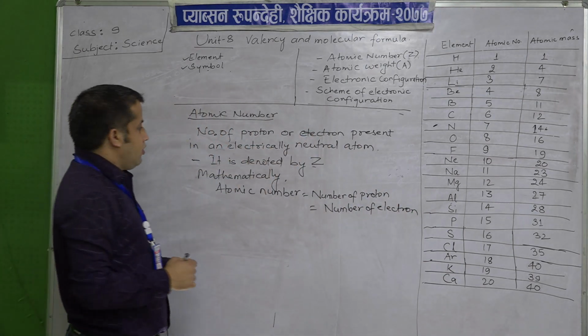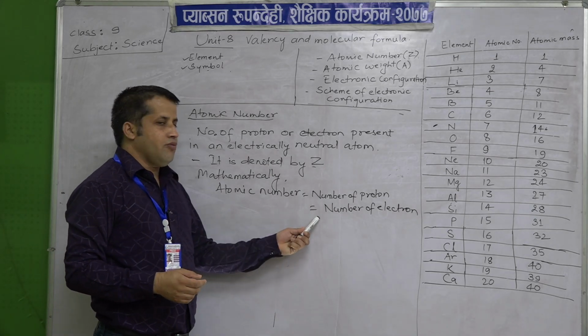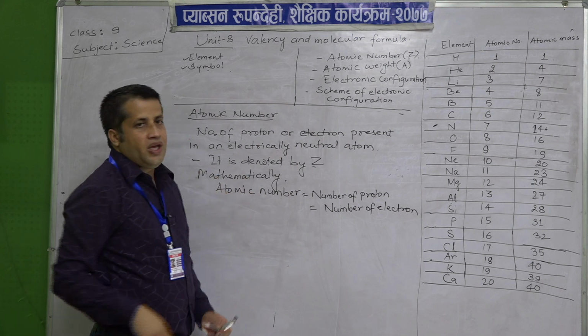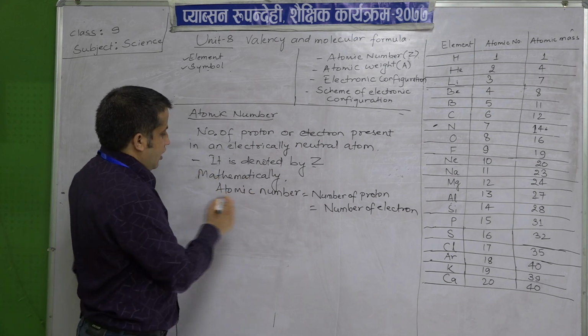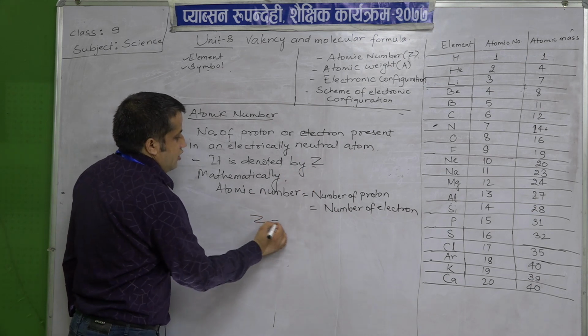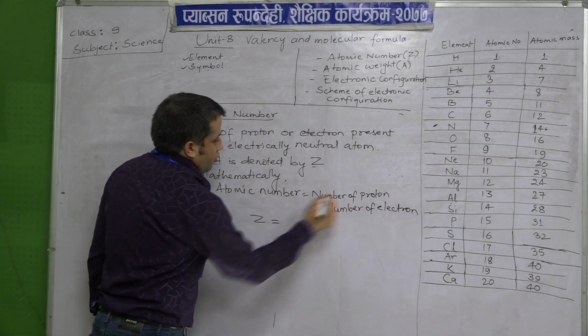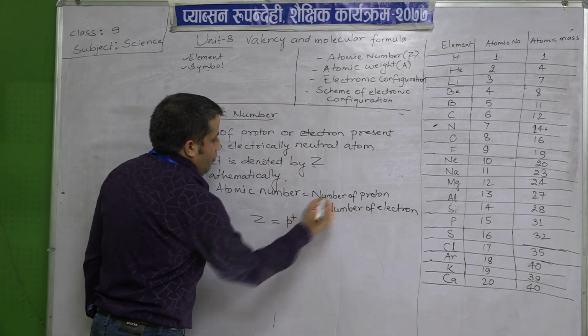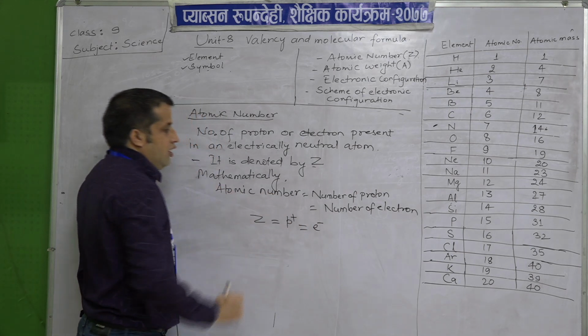In an atom, the number of protons and the number of electrons are equal, and their number gives us the atomic number. So we can write atomic number Z is equal to the number of protons, represented by P plus, is equal to the number of electrons, E minus.